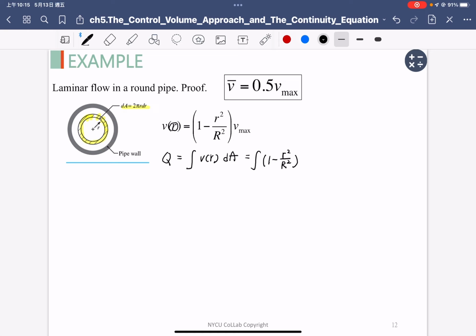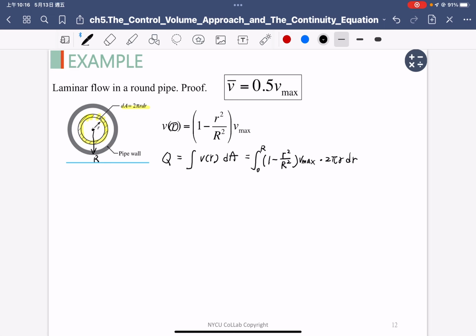The capital R is the total radius of the pipe. Then V maxima, and dA is equal to 2 pi r dr. Because this is an integration problem, we need to know the interval for the integration. The interval starts from the 0 point to the total radius capital R.